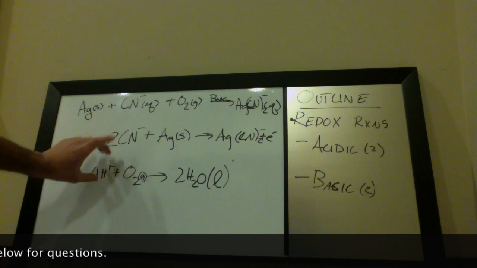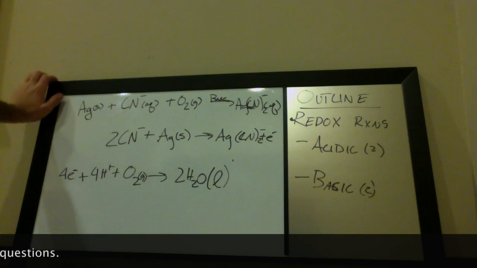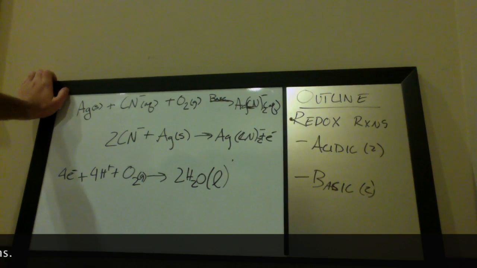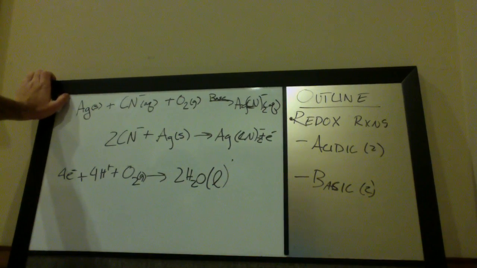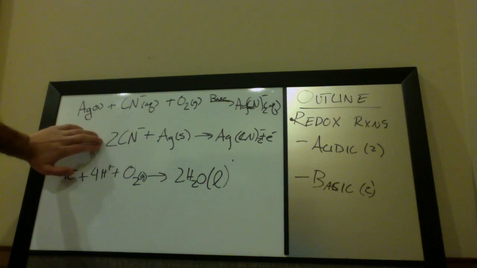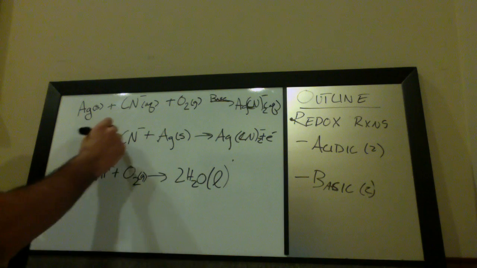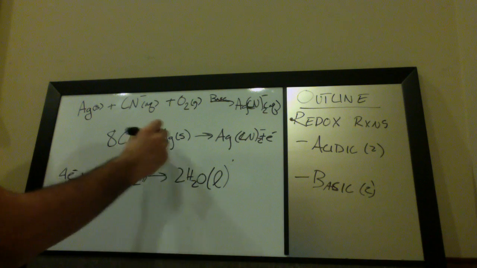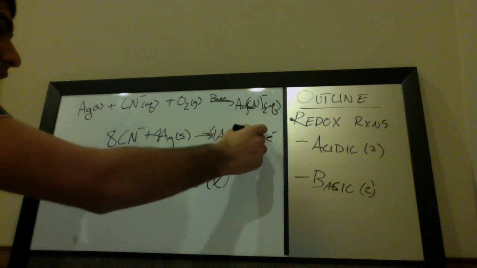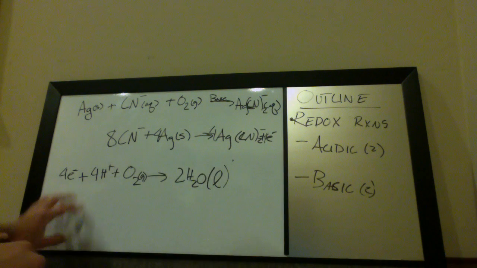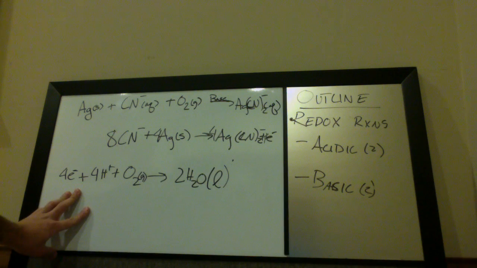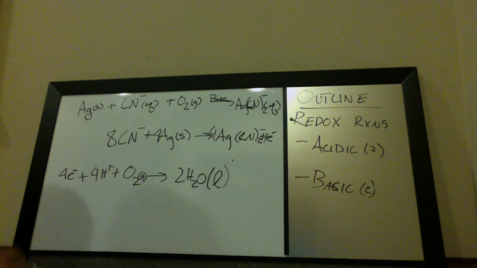I have 1 electron here, 4 electrons here, and when I mash these 2 half reactions up, I'm going to have to cancel out the electrons. For that reason, I'm going to multiply this reaction by 4. So in that case, this is 8, this is 4, this is 4, and this is 4. And I'm going to add the reactions up and cancel identical species.